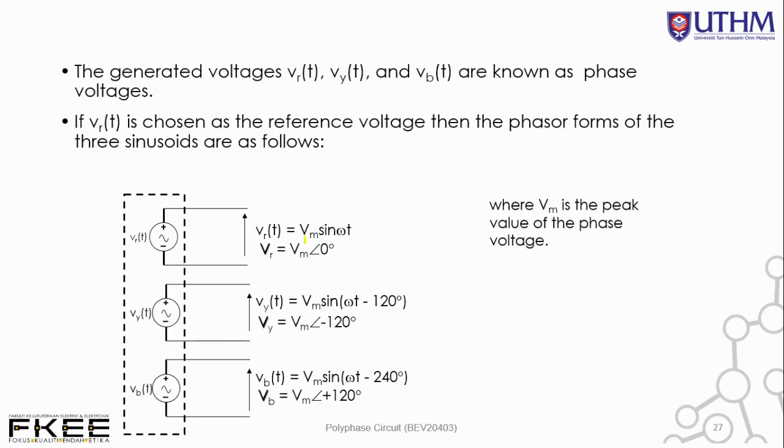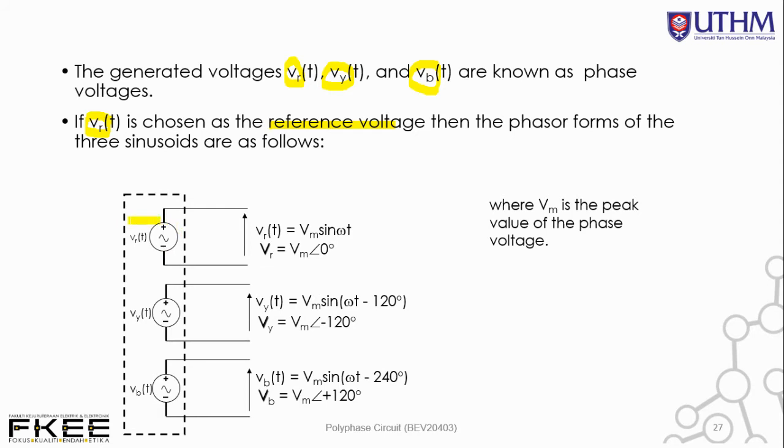So the generated voltages VR, VY, VB. This notation stands for the red phase. This is the generated voltage for the yellow phase, and this is the generated voltage for the blue phase. They are known as phase voltages. So if VR is chosen as the reference voltage, let's say VR is your reference, then the phasor forms of the three sinusoids are as follows.